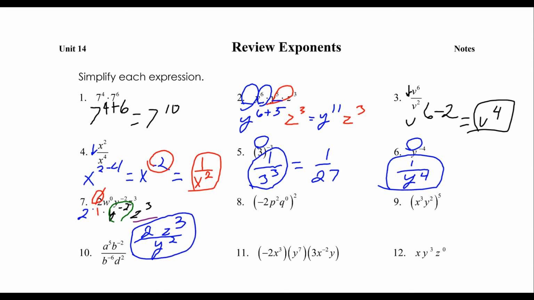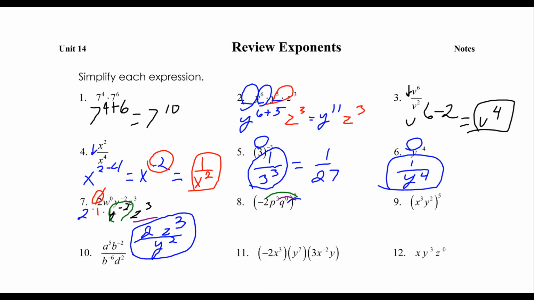Okay. Number 8. Now, if we raise an entire chunk to the second power, like we have here, we're going to send the 2 to that, to that, and right there.